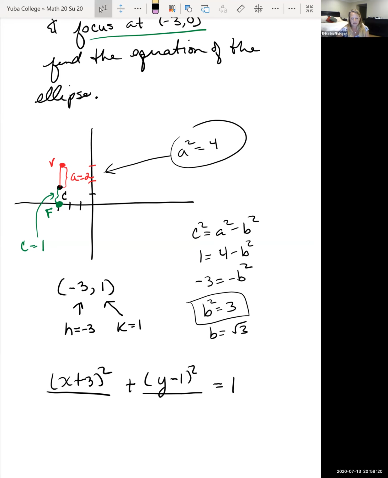So again, we need to determine if there's a bigger number underneath the x or the y. It's elongated. The focus is always on the major axis. So the major axis is parallel to the y-axis. So my A value has to go underneath the y values. And so 4 is underneath here, and b squared is underneath the x, which is 3.